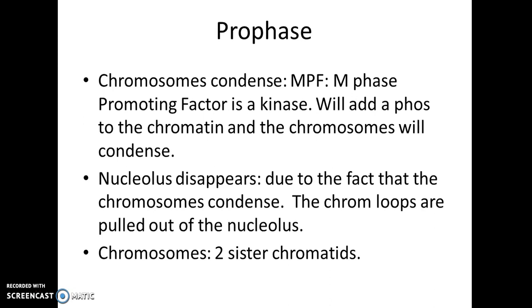If they're pulled out as the chromosomes condense, the nucleolus, or the area of high concentration of chromatin, will disappear, so the nucleolus disappears. In this part, the chromosomes are made up of 2 sister chromatids because of the S phase, where the S phase produced through DNA synthesis a second copy of the DNA strand.